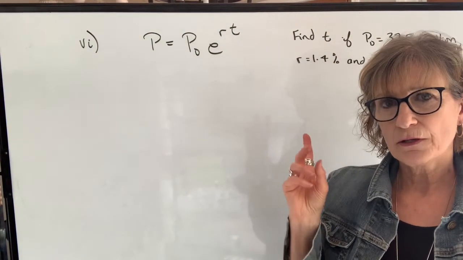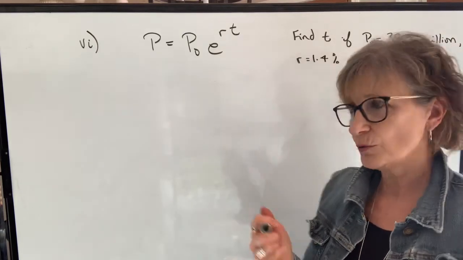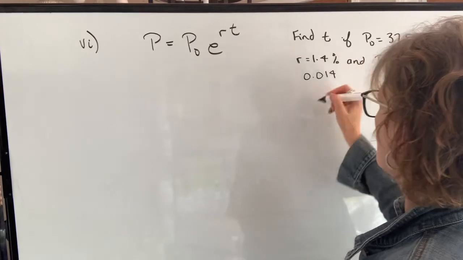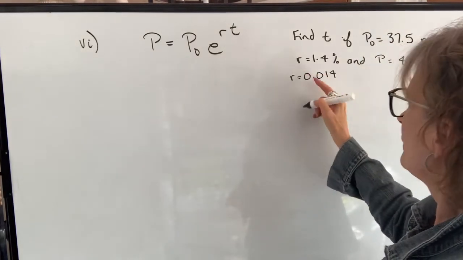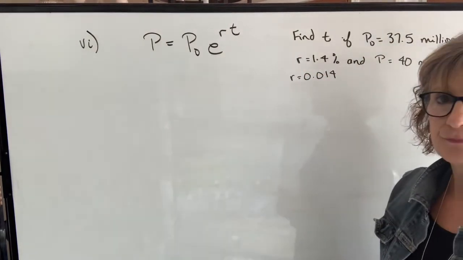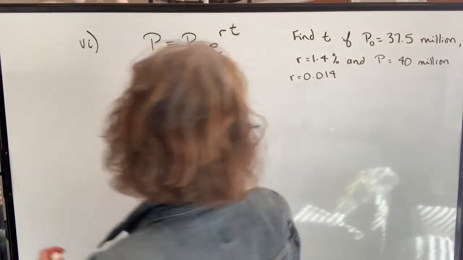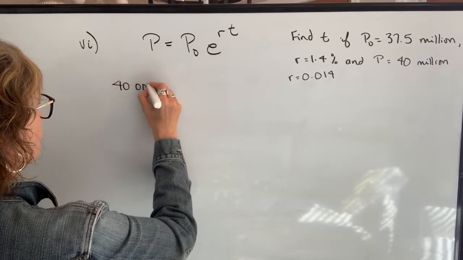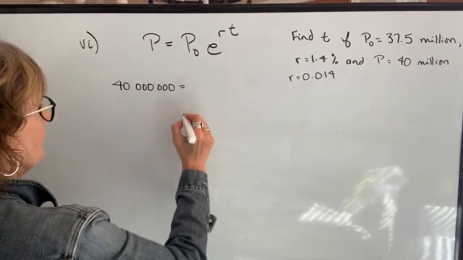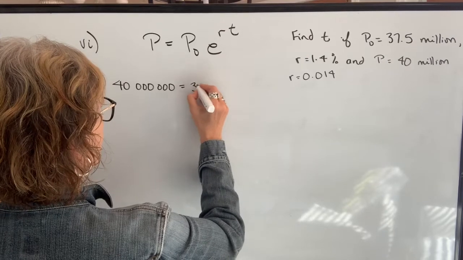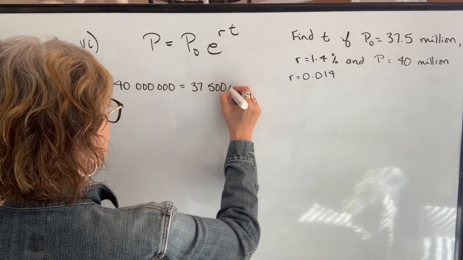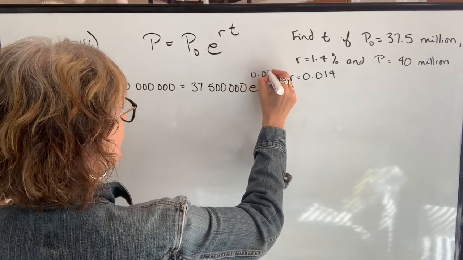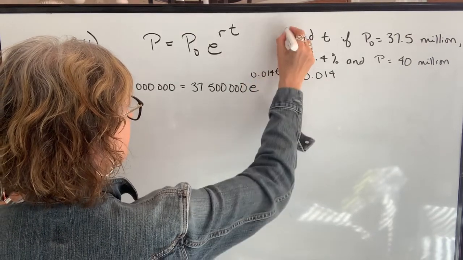Now, before we put R into our formula, we have to change it to a number without the percent sign, so we divide by 100. So R will be equal to 0.014. So let's plug in our values. We have 40 million equals 37.5 million e to the 0.014t.